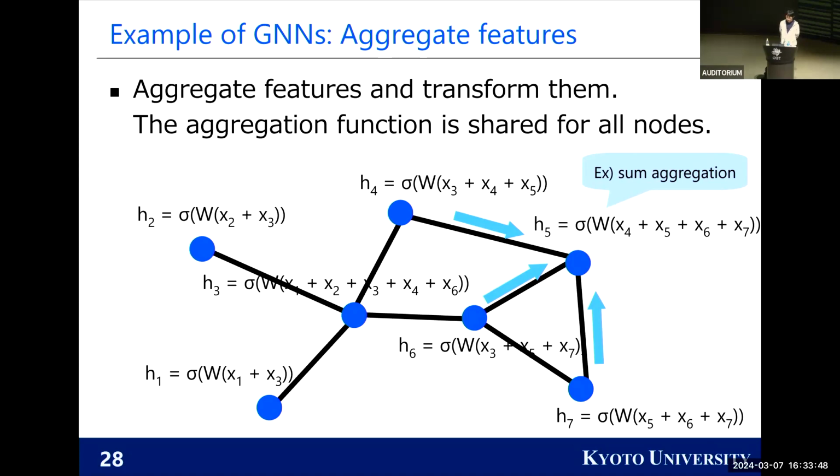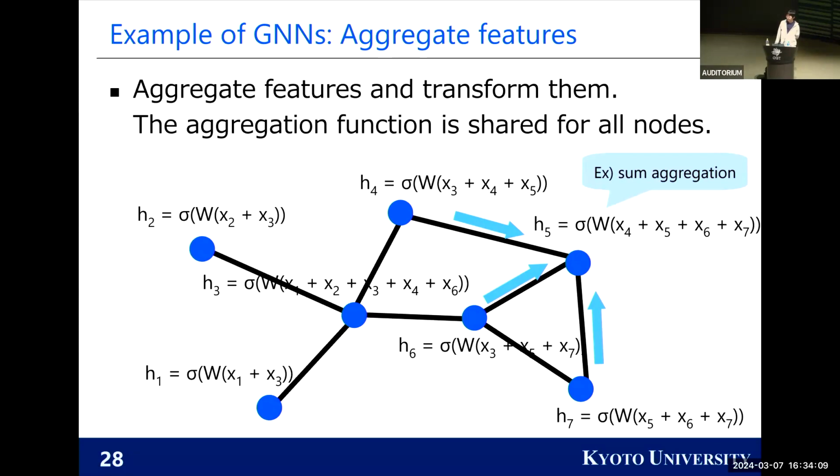The important point of graph networks is that the aggregation function is shared for all nodes. The arguments differ from node to node, but the transformation function defined by matrix W and the nonlinearity or activation function are the same, shared for all nodes.